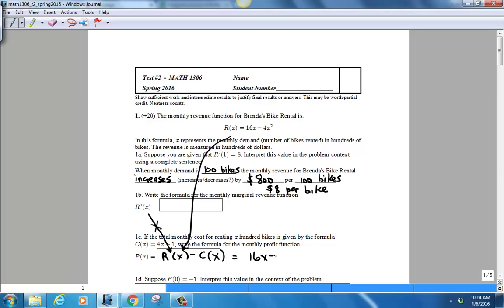So the correct answer was 16x minus 4x squared, and then minus the cost function there, which is 4x plus 1, and then you just simplify that. So you end up with 16x minus 4x squared minus 4x minus 1, which I think comes out to be 12x minus 4x squared minus 1.